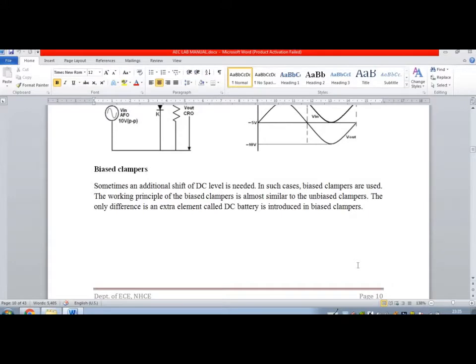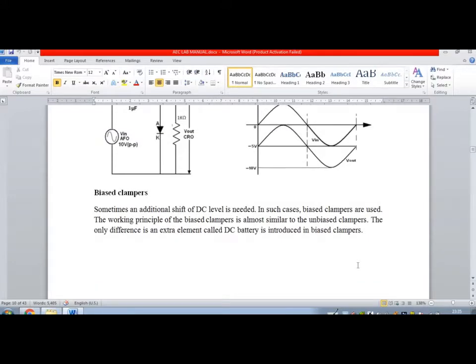In addition to the positive and negative clamping, we have the biased clampers. Sometimes an additional shift of the DC level is required. In such cases, the biased clampers will be used. Here, the external DC voltage is provided to the circuit.